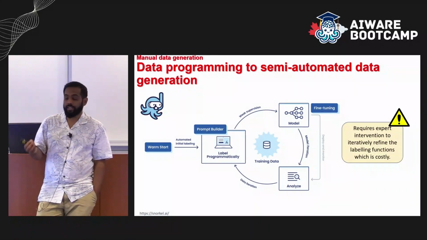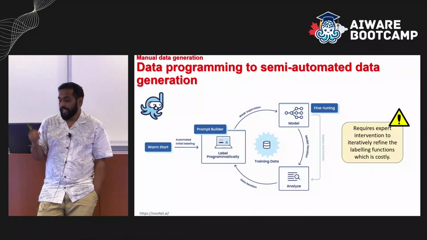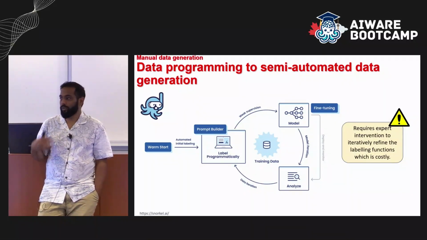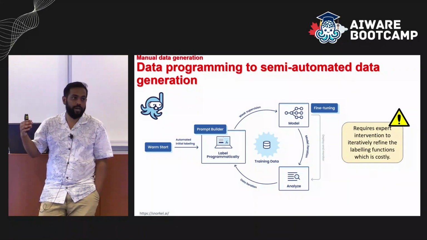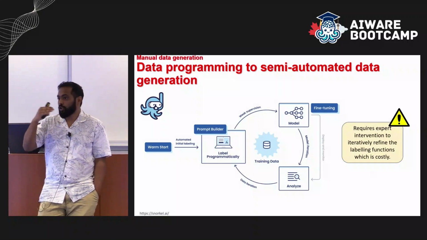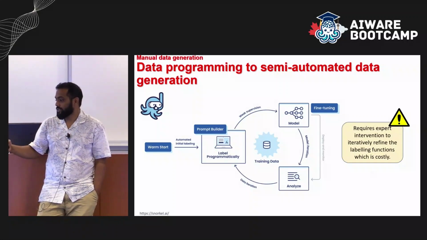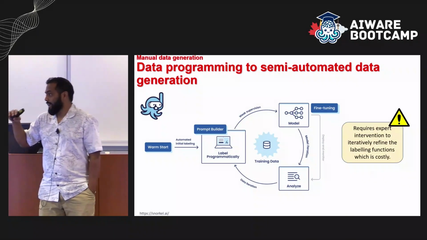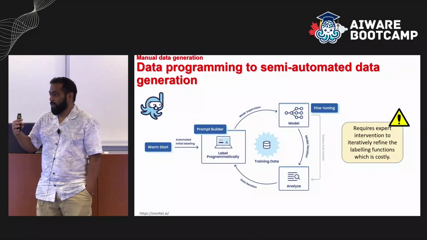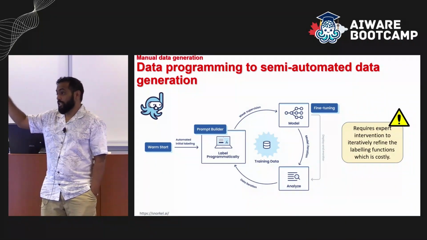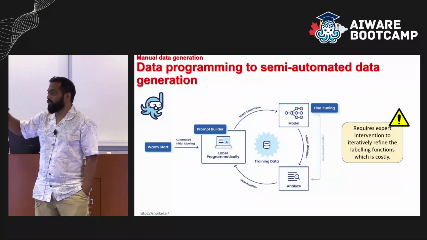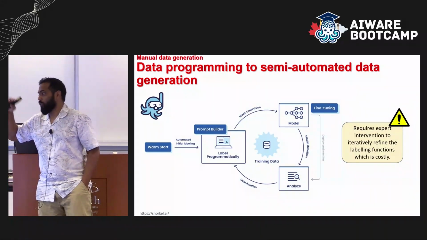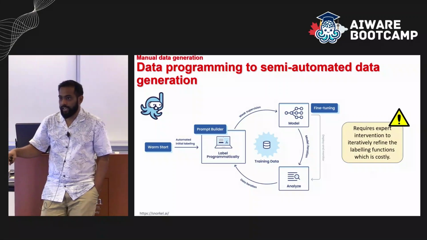And recently, with the introduction of foundation models, they use something called a warm start, where they kickstart the labeling with a foundation model through a prompt, and then they also combine the labeling with domain expert driven labeling rules, and they get an initial set of labels, and they train a model through weak supervision to label the data again.